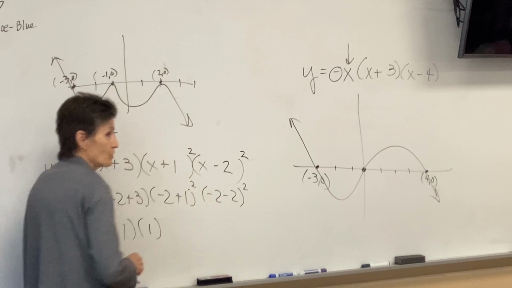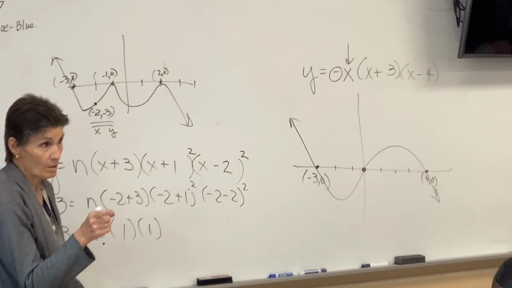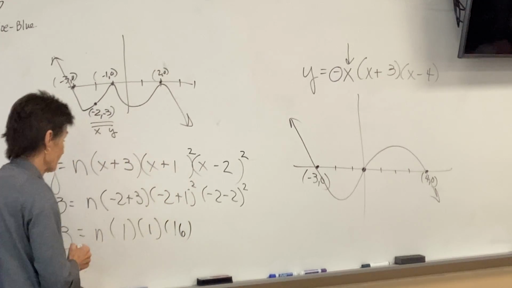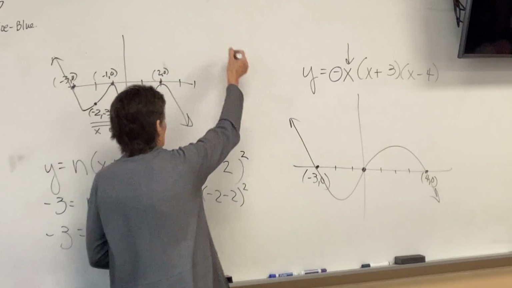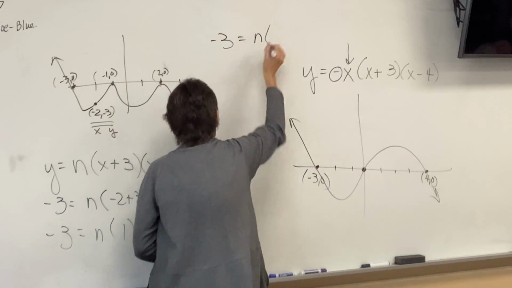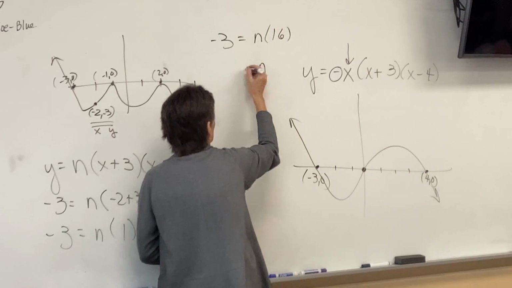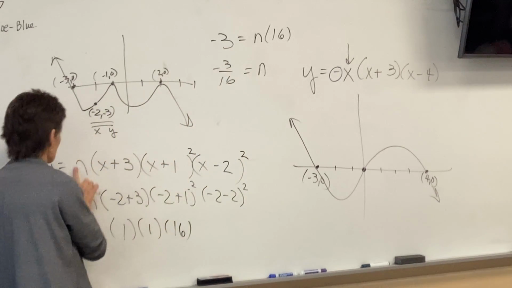Negative 2 minus 2, negative 4 squared is 16. These are all multiplied right here. So negative 3 equals n times 16. So n is negative 3/16.